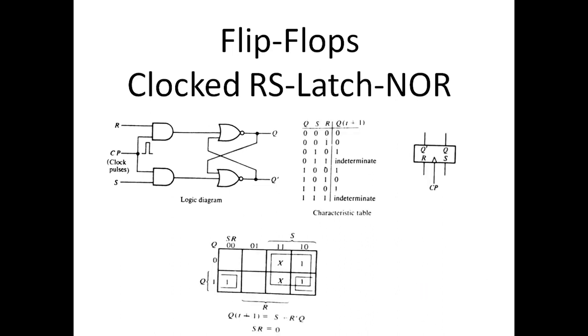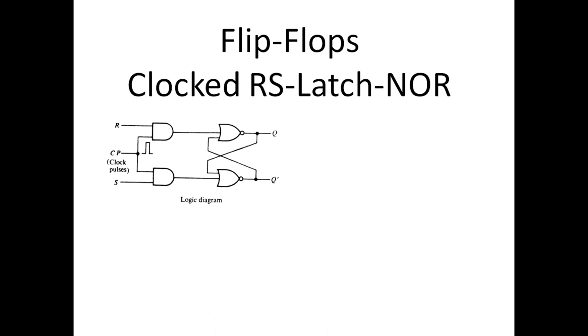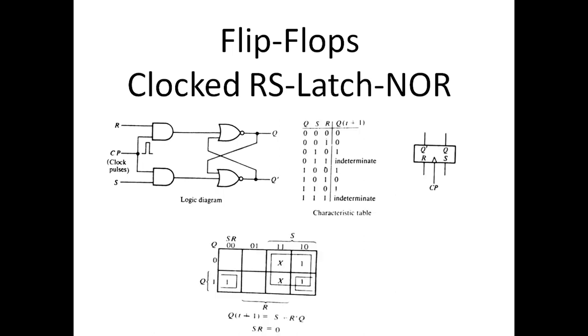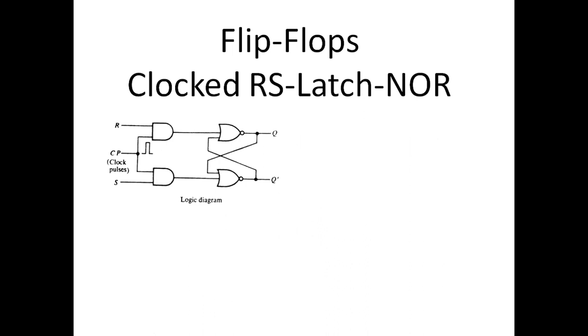Now, in this clocked RS flip-flop implemented with NOR gate, we want to remove these indeterminate states. We want to avoid them, and we can avoid them if we feed this output Q to the first AND gate and this output Q prime to the second AND gate like this.